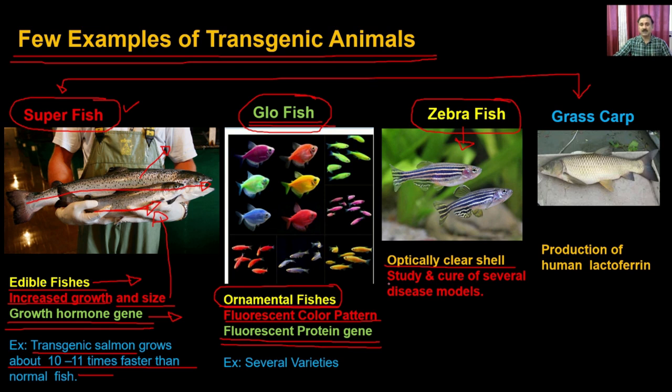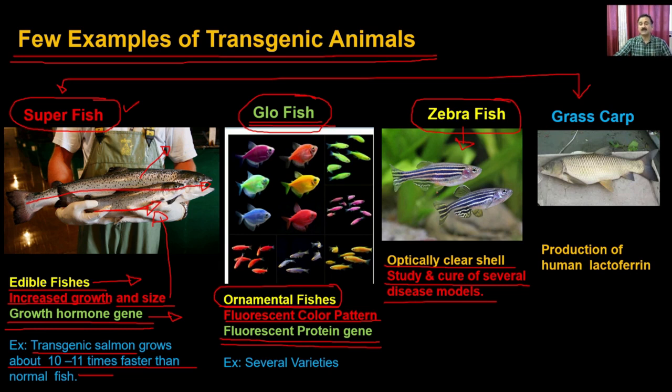That has a very big potential in terms of the study and cure of different types of disease models, because the zebrafish has similar developmental stages to those of humans.